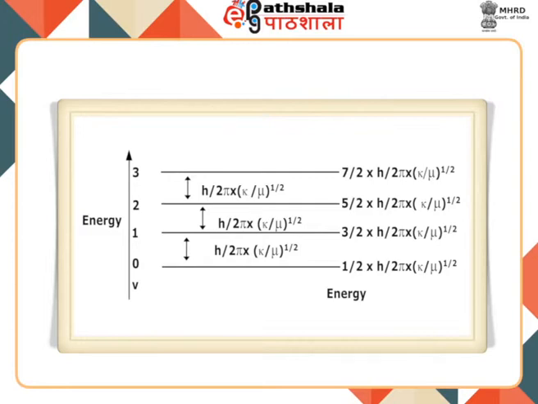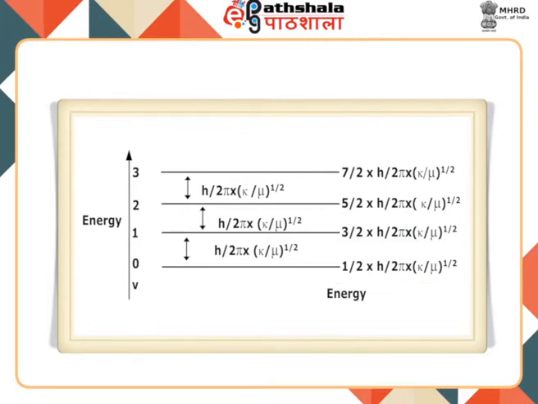The molecule has a certain vibrational energy even in the lowest vibrational energy level, that is, V is equal to 0. The vibrational energy of a molecule in the lowest vibrational energy level is called zero point energy and is equal to 1 by 2 h upon 2 pi into under root k upon mu.